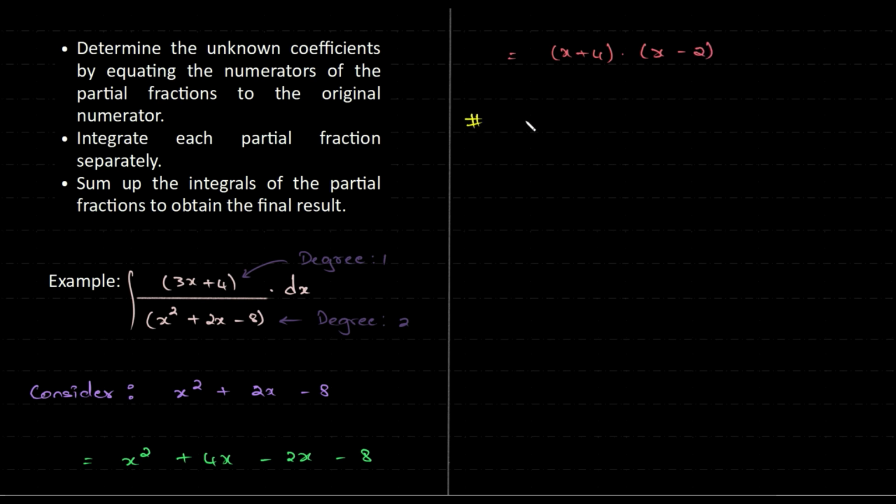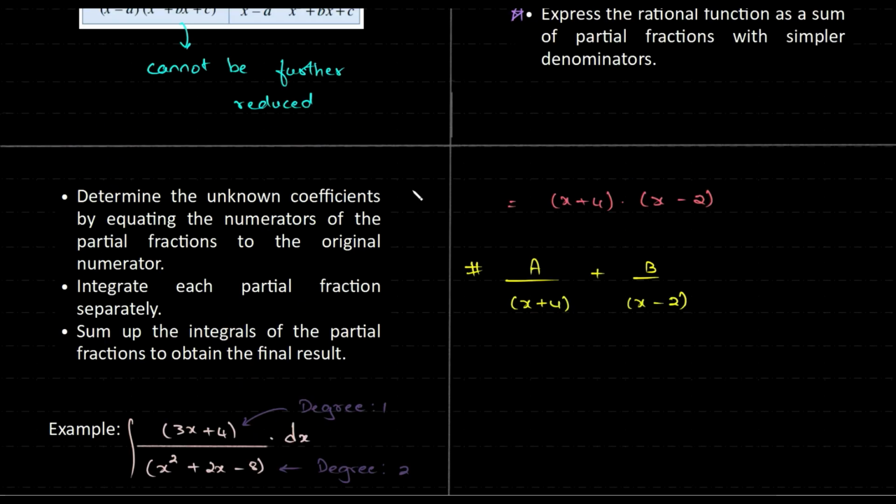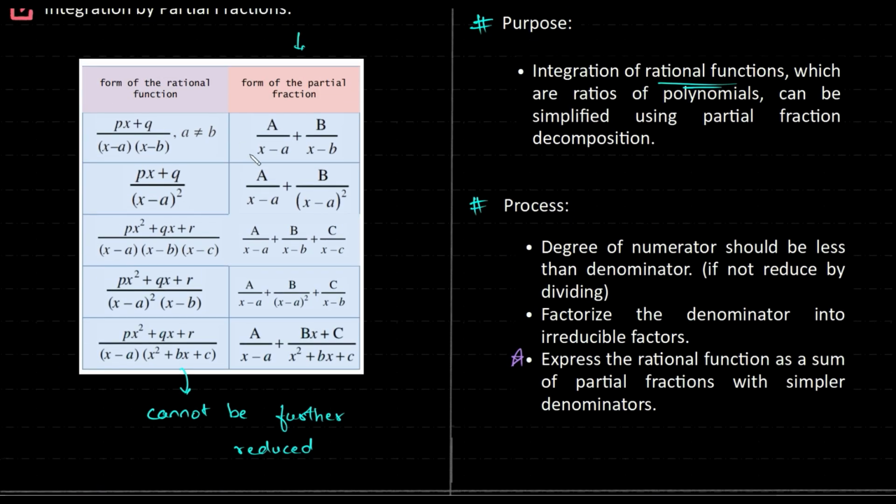Okay, this is where that partial fraction comes into the picture. I'm going to write a by x plus 4 plus b by x minus 2. This is where the table comes into the picture. You guys got it? This is where the table has to be used.